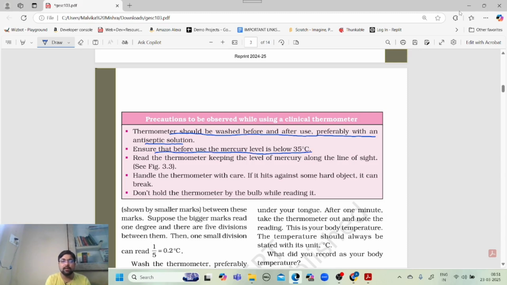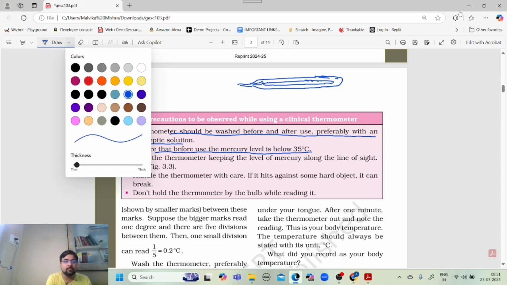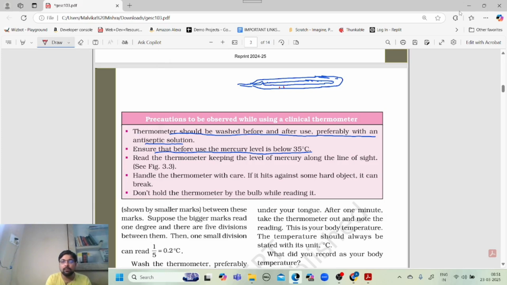Yes, sometimes suppose you are going to use your thermometer, and first of all you will see the mercury level inside this tube. Now here you will find some calibrations, and this is suppose 35 degrees.